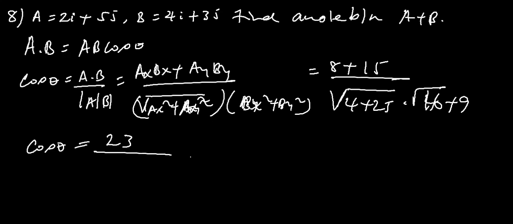Therefore cos theta is equal to 23 over the square root of 29 times the square root of 25.